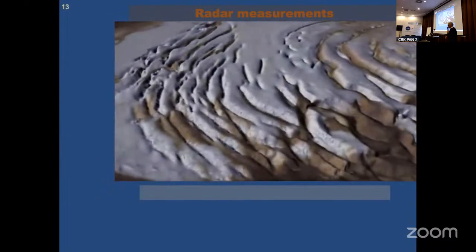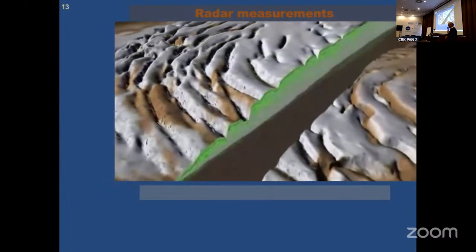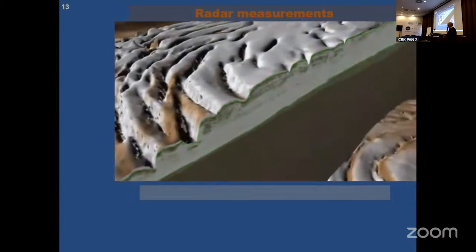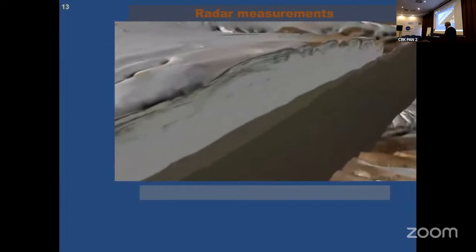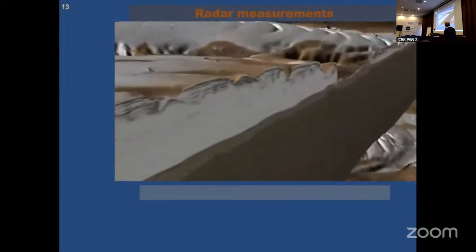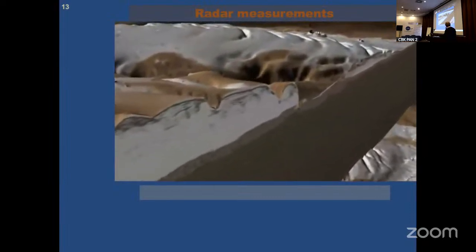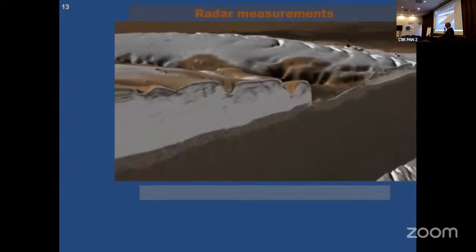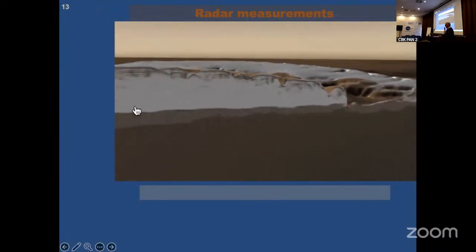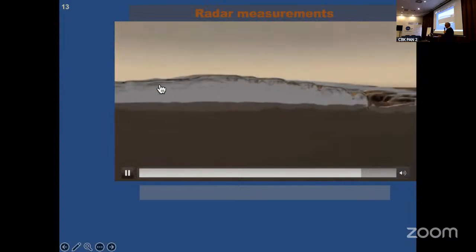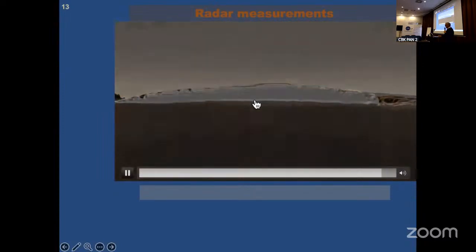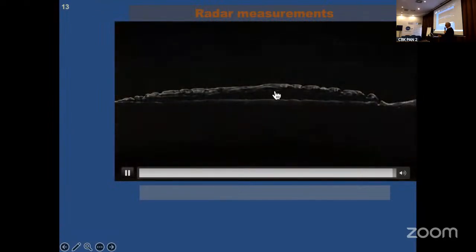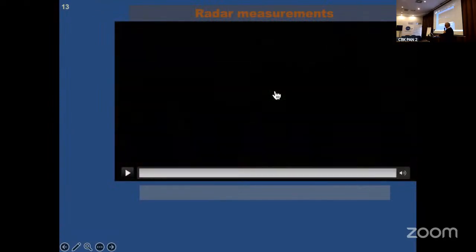And you will see what we call the profile. This is the profile across the polar cap. You see the surface, and you can see the things under the surface. And this is the way we present the data.